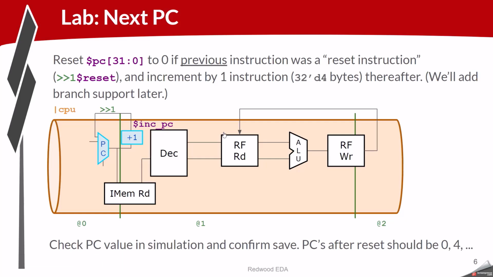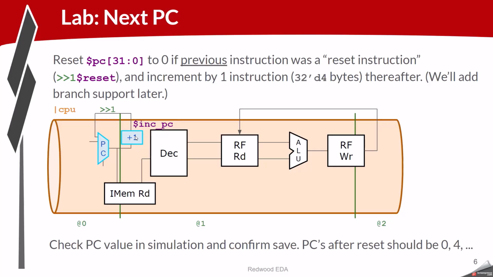First, we'll get the PC behavior so that the PC is incrementing, right? And you've coded up an incrementer now a couple times. So the same old familiar pattern. Here we're assigning the PC for this instruction going through the pipeline to be the PC value from the previous instruction plus 1.